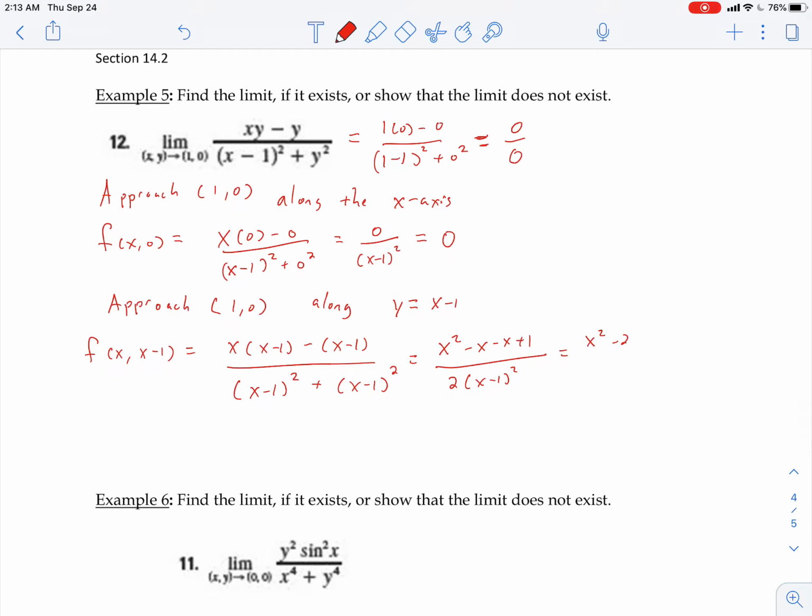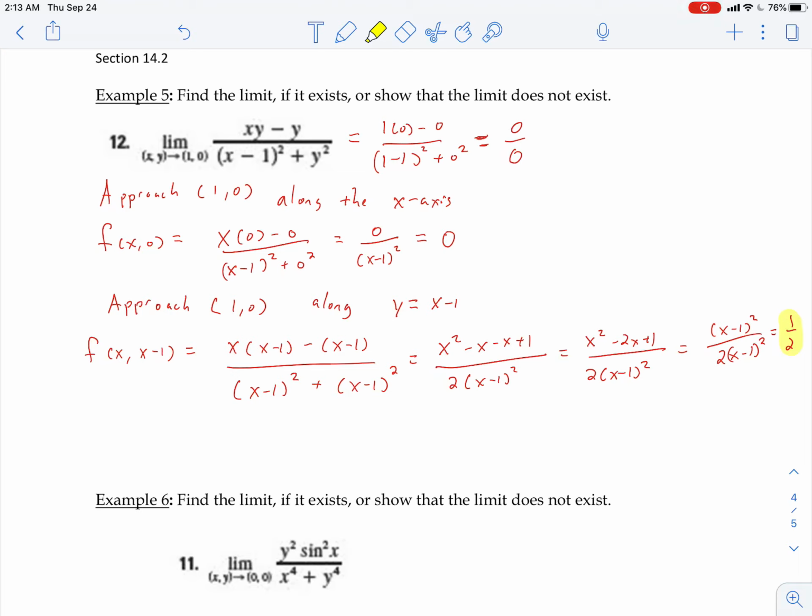When I look at the numerator, I realize, oh, hey, that's just x squared minus 2x plus 1, over 2 times x minus 1 squared. Then I can factor that and have x minus 1 squared over 2 times x minus 1 squared. And that's going to give me 1 over 2.